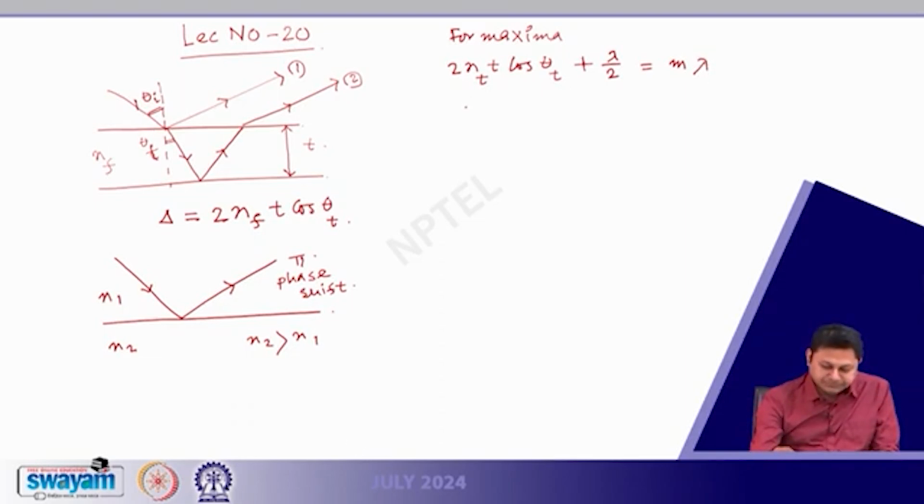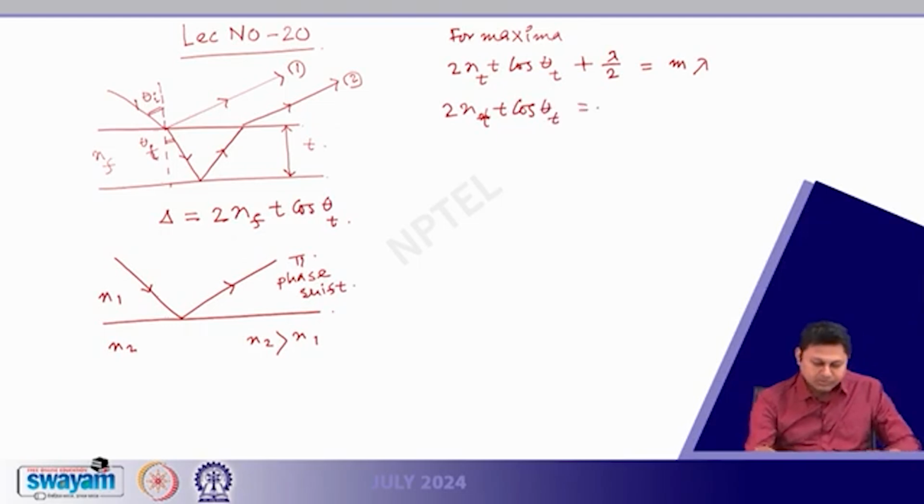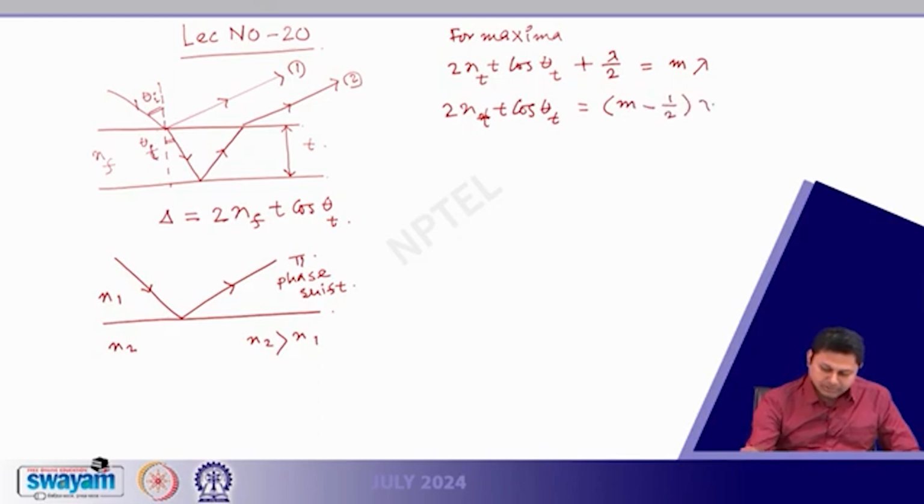Or we can write 2 nf t cos theta t is equal to m minus half lambda, just putting lambda on this side.